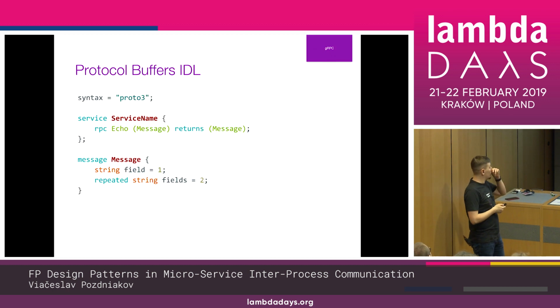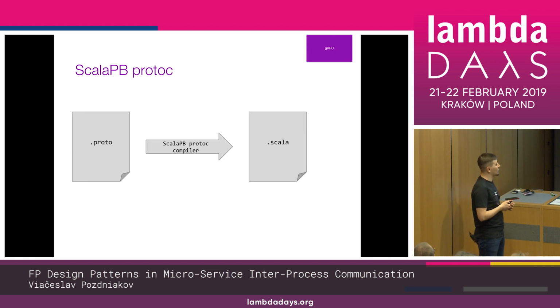Protocol buffers are quite a simple thing. You just define your services and entities in a file with a proto extension. And what you do next is call some compiler which takes proto files and generates traits and entities in your language.